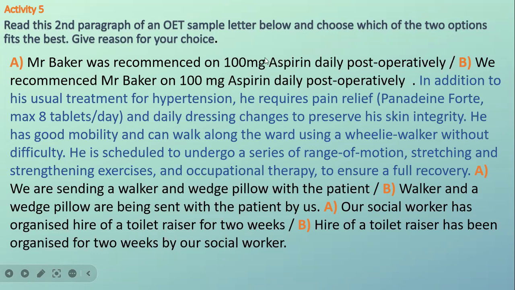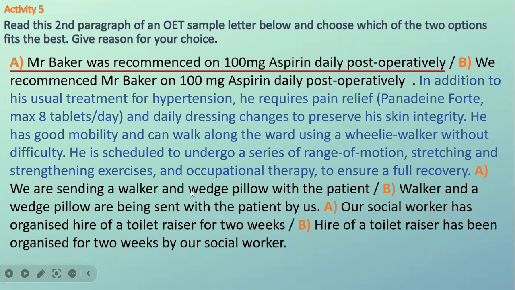Good job, all of you. That is the correct answer. He was recommenced on 100 milligrams aspirin rather than saying we recommenced him. Then all the blue part is correct. So I just give you 1 minute so you can read it and understand the letter. And then we can come to the next one. Take a moment, read it, and then decide for the next one.